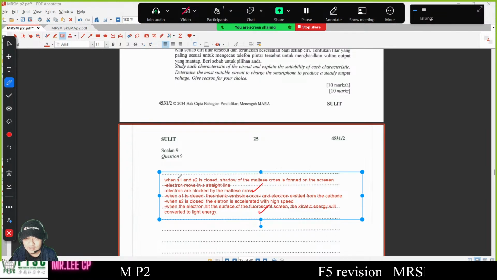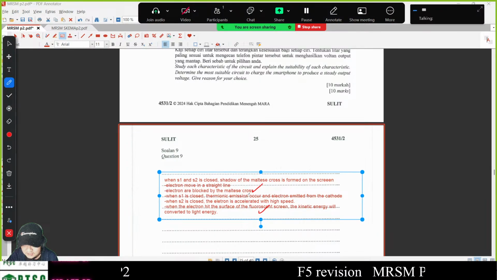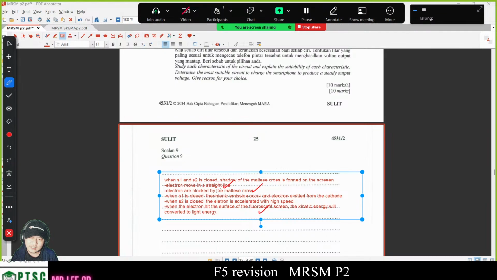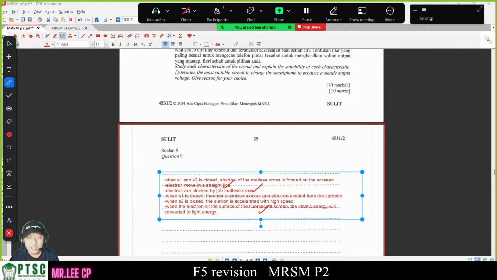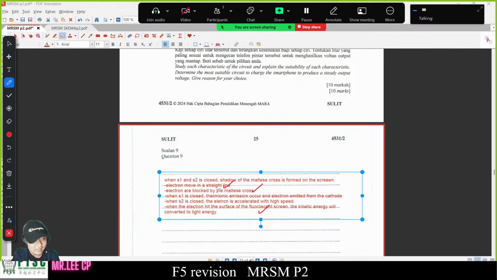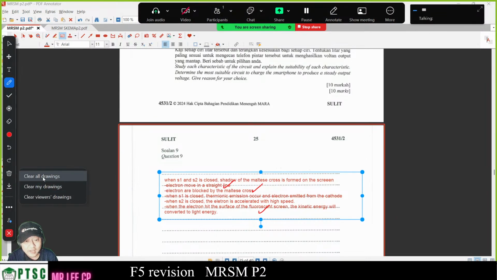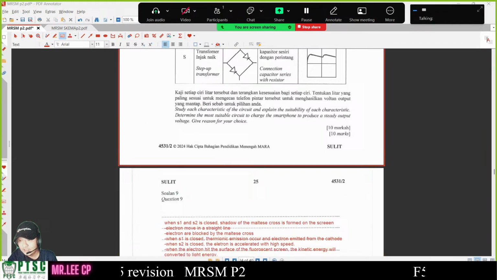Right? If the teacher is very good, they will say this one moves in a straight line. Okay. Blocked by the Maltese cross. Boleh lah, give you 3 marks lah. Then I will get more than what I expect. So at least you need to get 2. Right? Okay.